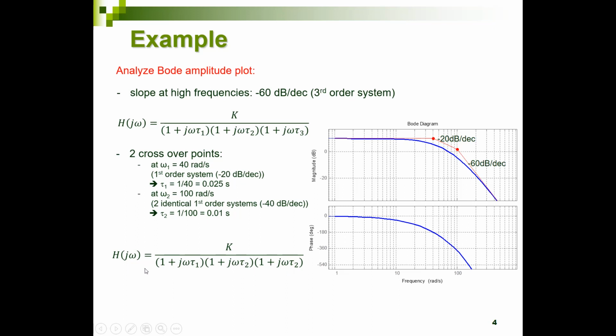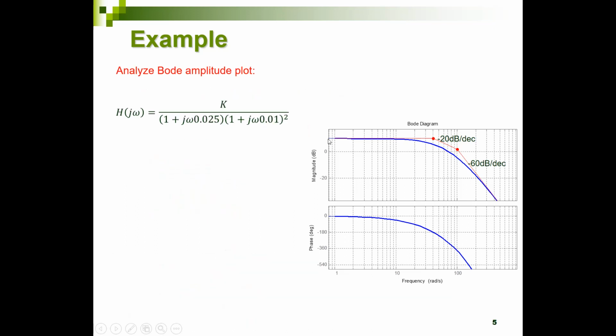So for omega is 0 or almost 0, the transfer function H is equal to k over 1, which is k. So by looking at the amplitude at very low frequencies, as omega is going very near to 0, we can calculate that k value.